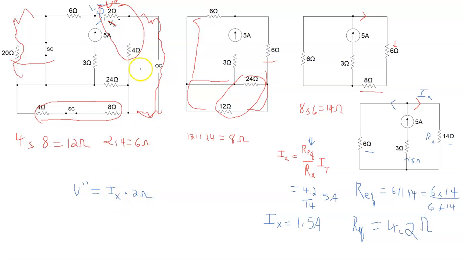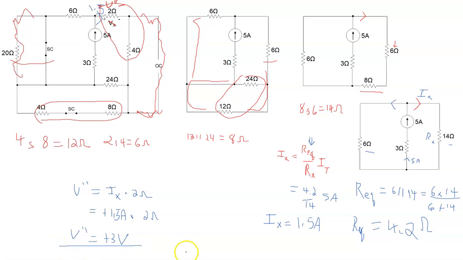Again, the direction of Ix entering the end of the resistor marked positive is in agreement, and so this is a positive number, plus 1.5 amps times 2 ohms, and V double prime is equal to plus 3 volts.